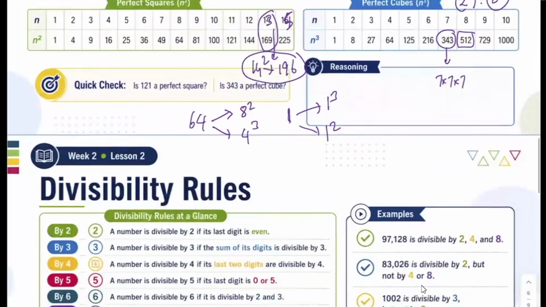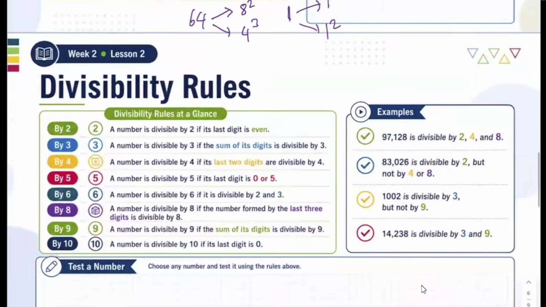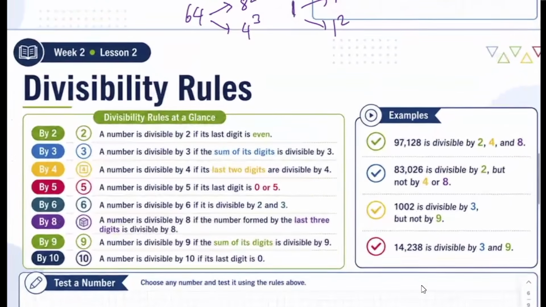Okay. So now we are going to go over the divisibility rules, because these divisibility rules are very important for us to really operate a lot of interesting number theory problems. As you know, the divisibility rule by 2 is easy, right?